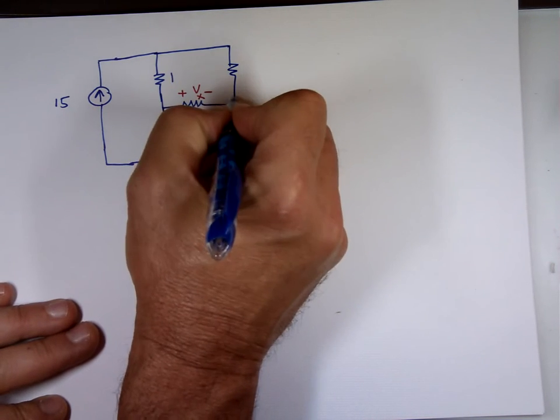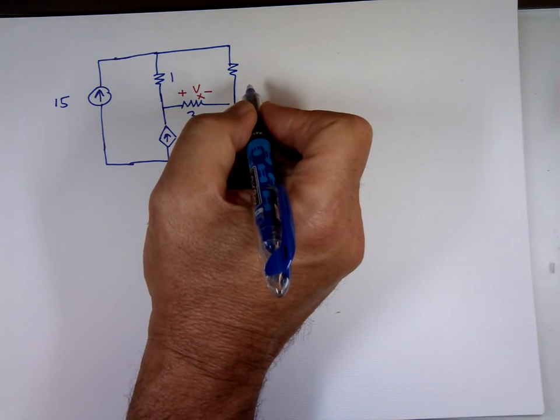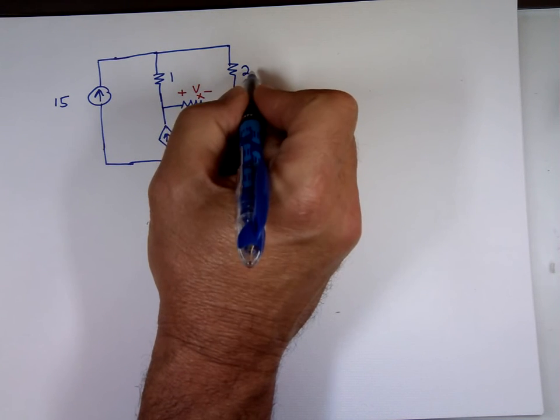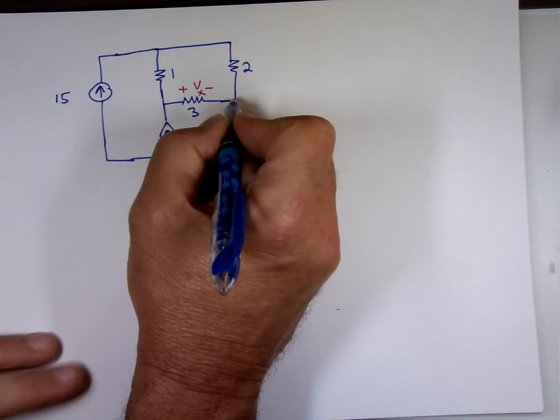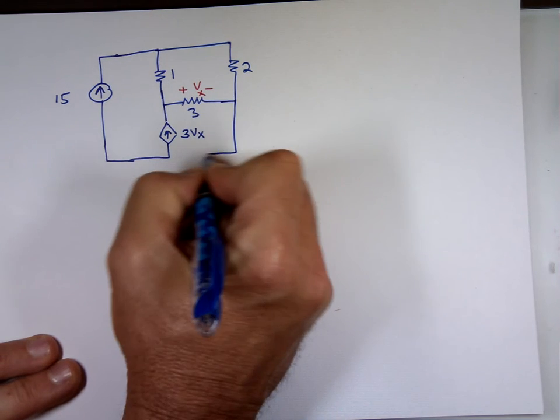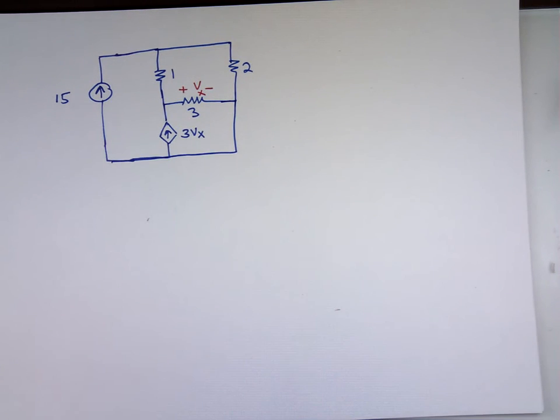This is 2. That's my circuit. Again, I'm going to find everything about the circuit. I'm going to find all the voltages, the currents, and everything, through every single element.